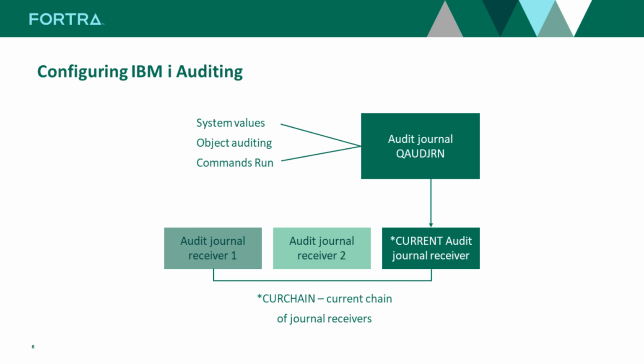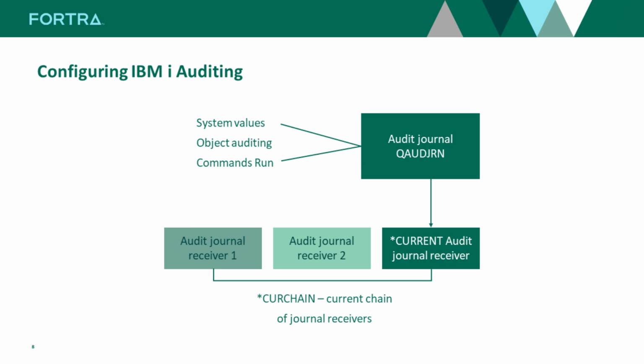We have system value settings that we'll be looking at to collect data at a system level. You can turn on auditing on specific objects, so you can collect specific things about specific objects. And then we can also turn on a special command auditing value on user profiles. That is one that cannot be set at the system level. It has to be turned on at the user profile level.